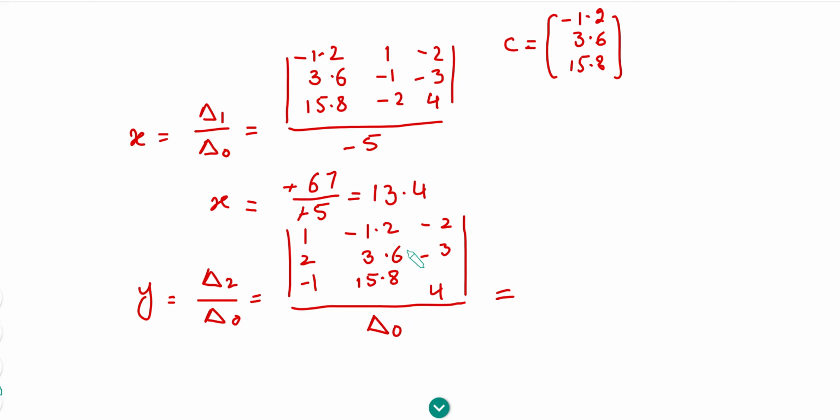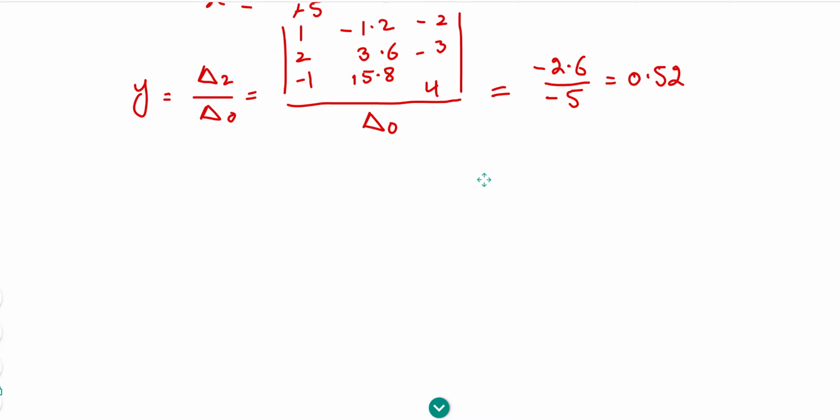You have to solve this determinant in the exam, but here I'm simply writing the answer: negative 2.6 divided by negative 5. Negative goes with the negative, so the answer is 0.52.